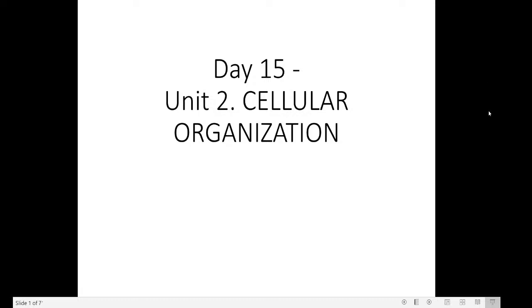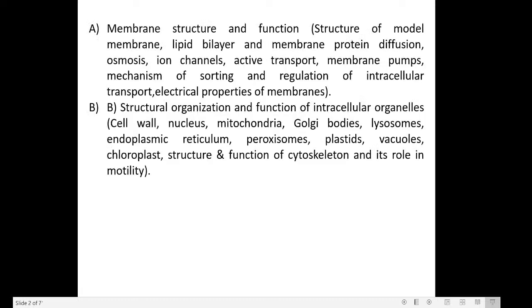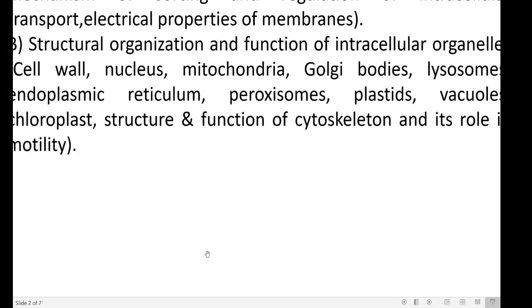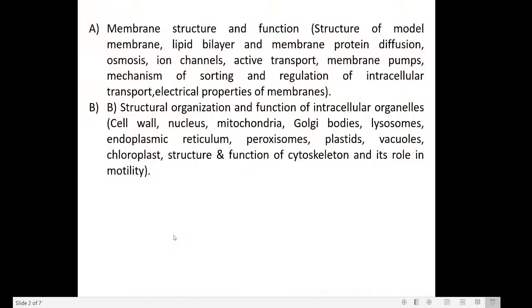Today we are going to cover 3 by 4th of the second unit, which is cellular organization. In cellular organization, first we want to understand the cell outer surface, that is the cell membrane.